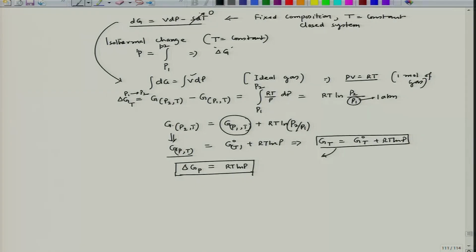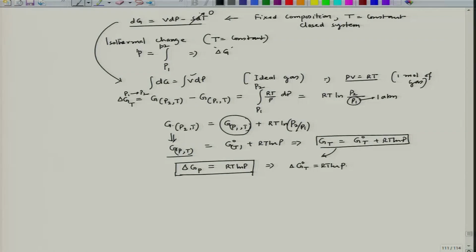Interestingly, this is also equivalent to delta G naught T equal to RT ln P.